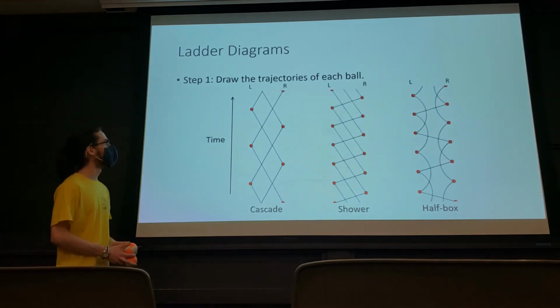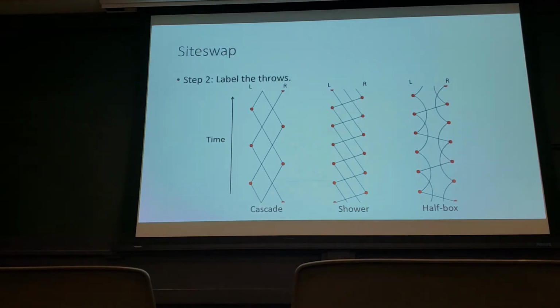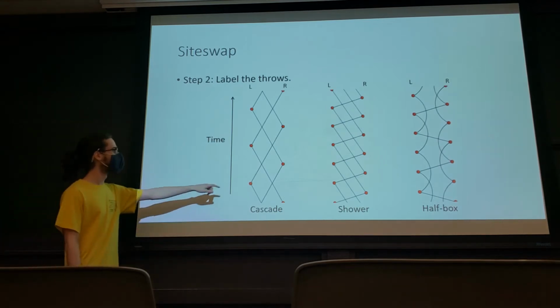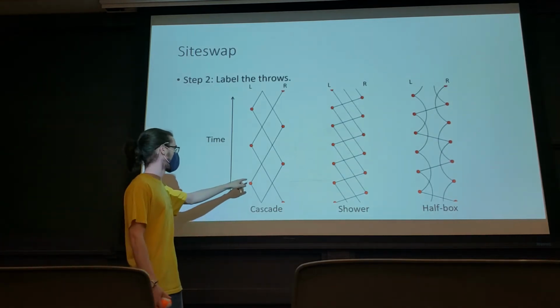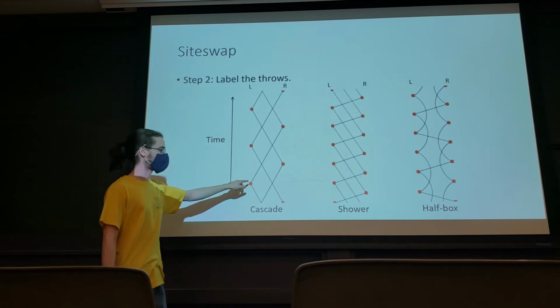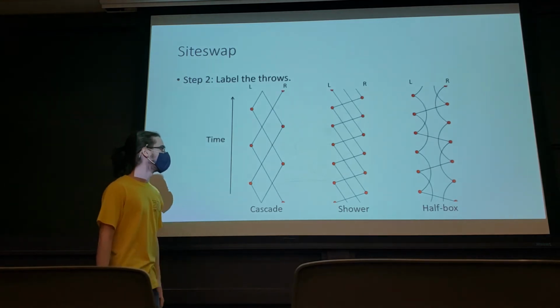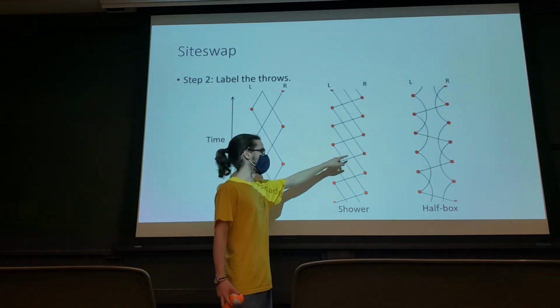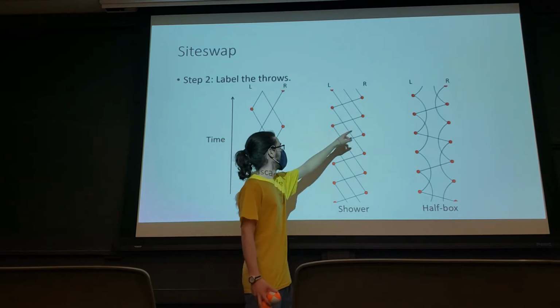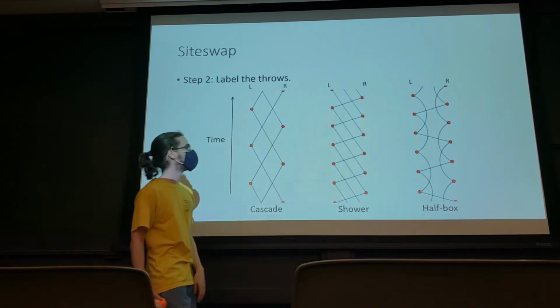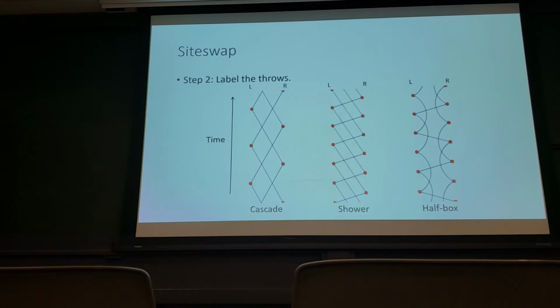So now we can label these throws. You throw it and then you catch it 3 beats later, so let's call that throw a 3. Here, let's call this throw a 1 because you catch it 1 beat later. And this throw, you catch it 5 beats later, so it's called a 5. For the cascade of 3s, it's just 3.